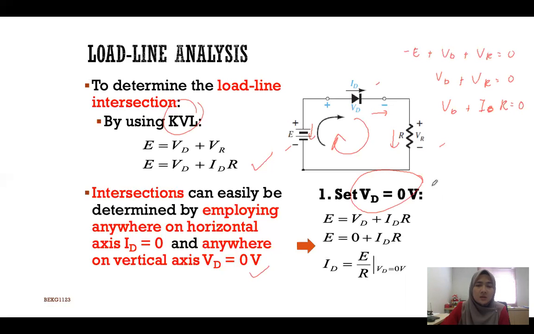When we set VD equals 0 in this equation, it becomes E equals 0 plus ID R, and you will get ID equals E over R.